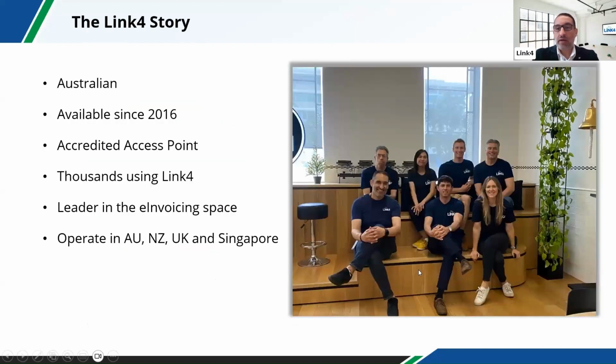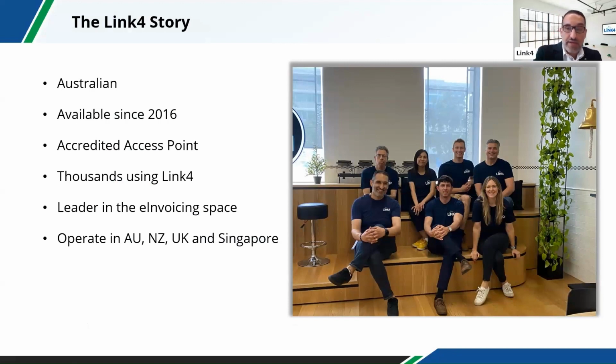I would like to highlight our team and the Link4 story. We started Link4 because we wanted to help small and medium businesses in Australia by connecting them to their trading partners and solving the e-invoicing or invoice delivery issue. We are an Australian company.